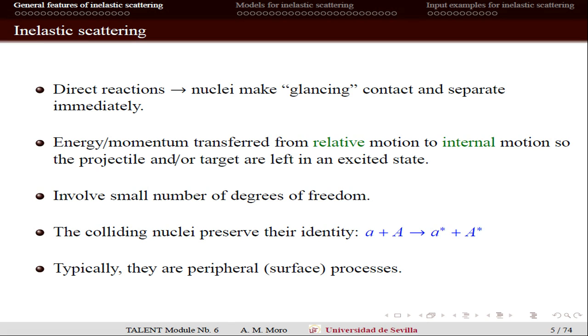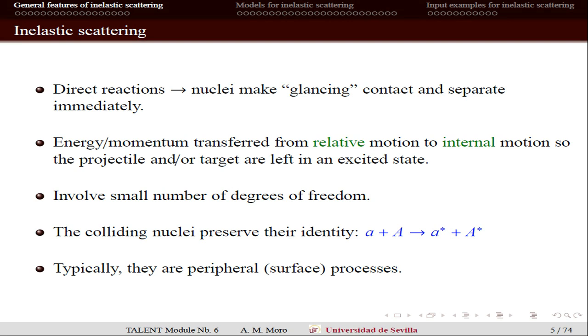Inelastic scattering is, as I said, an example of a direct reaction in which the nuclei make, let's say, a glancing contact. I don't know if this is the correct word, and then separate. They just touch gently each other, and they don't lose their identity.